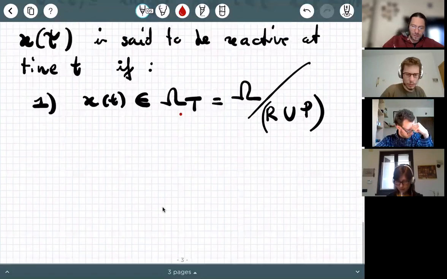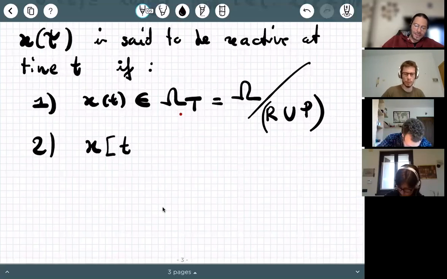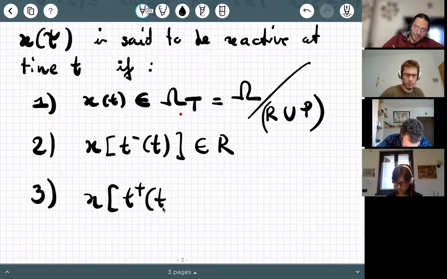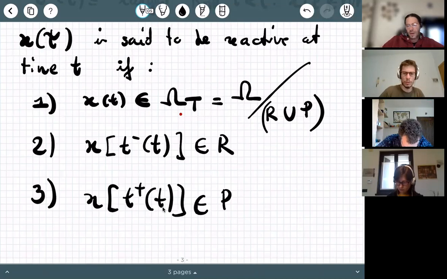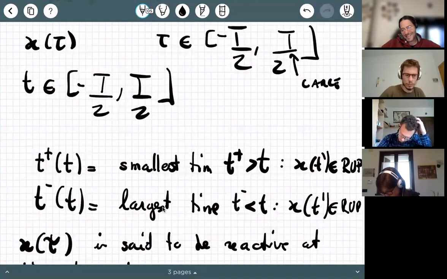Now, the second condition that I'm interested in is that x of t minus was in the reactant, and x of t plus is in the product. So in other words, the last time that I left either of the states, I was in the reactant. I was last seen in the reactant.